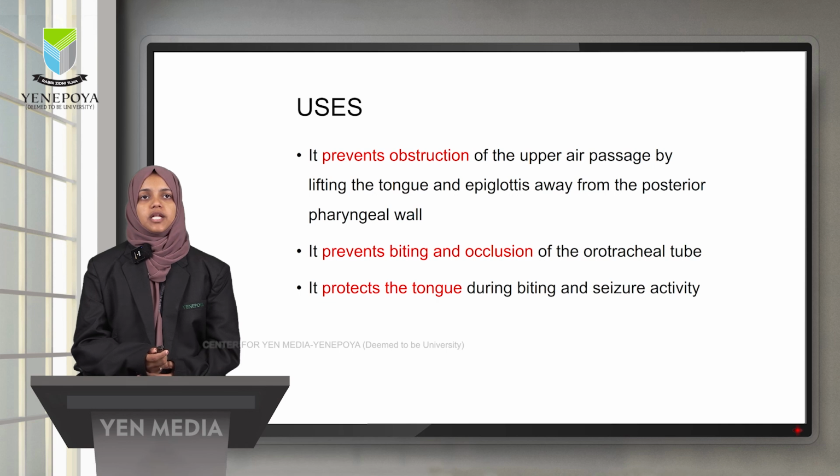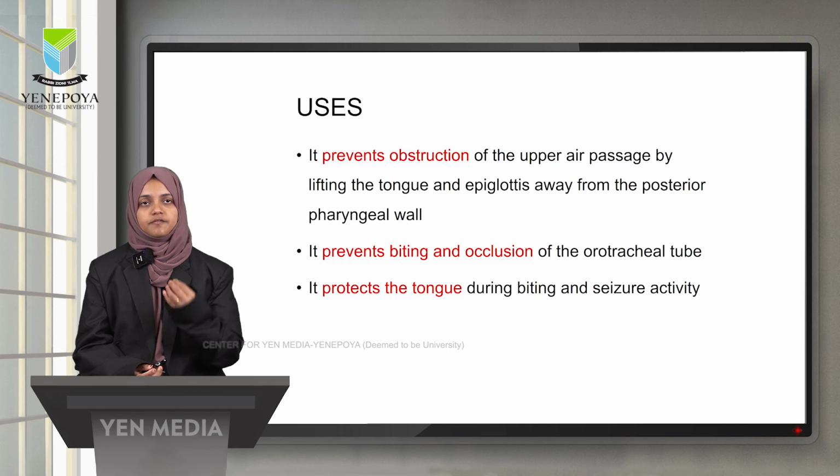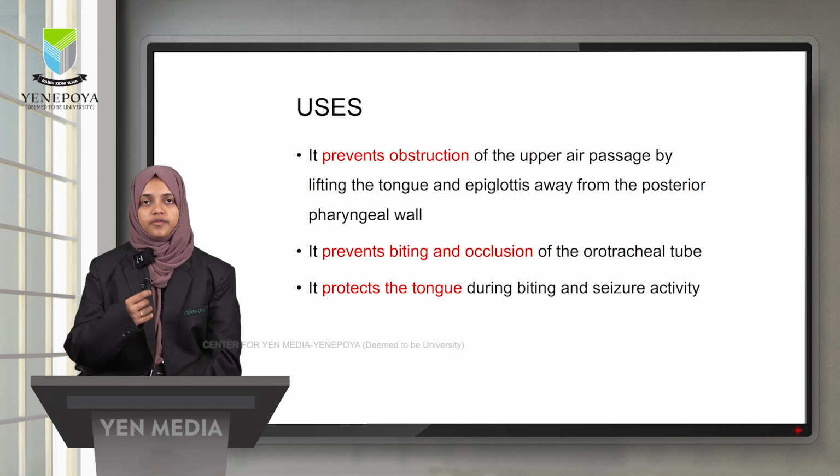Uses of oropharyngeal airways are: it prevents obstruction of the upper airway by lifting the tongue and epiglottis away from the posterior pharyngeal wall. That means it prevents the tongue from going back and blocking the airway. It prevents biting and occlusion of the orotracheal tube. Whenever an intubated patient is coming out of anesthesia, there is a high chance for the patient to bite and occlude the orotracheal tube.